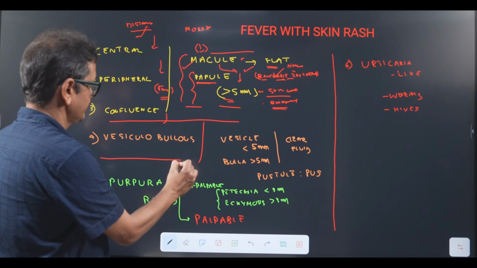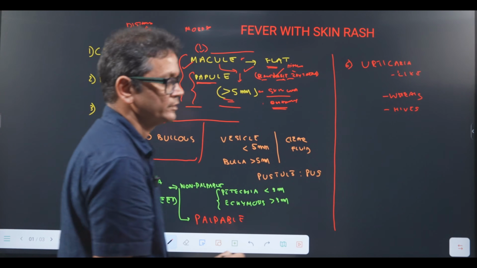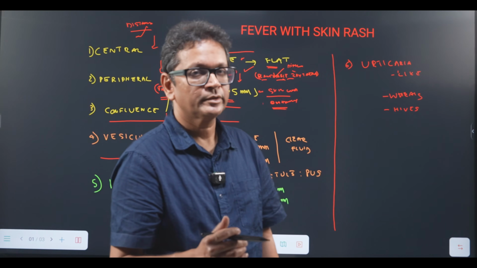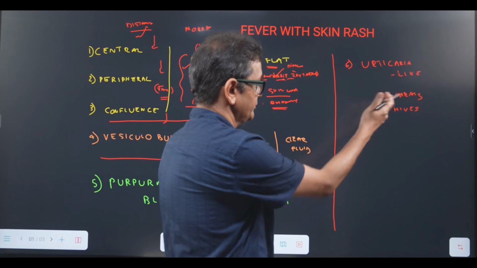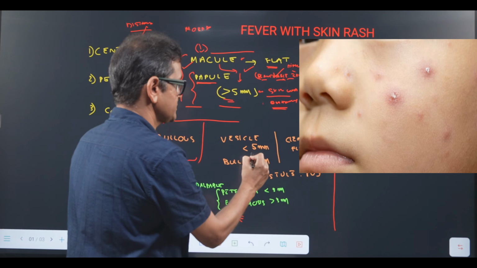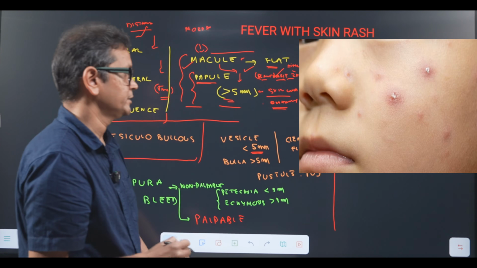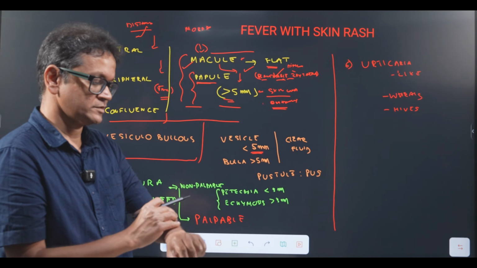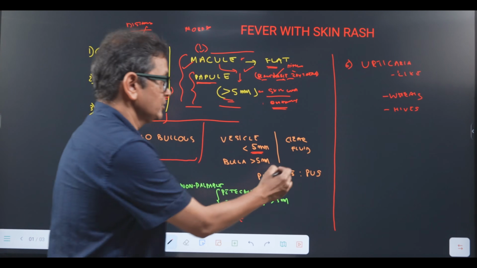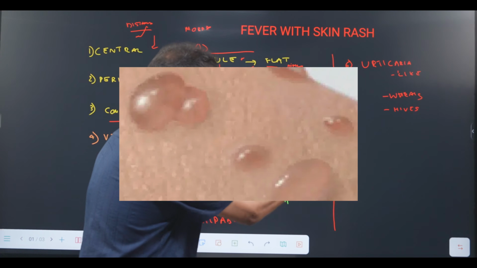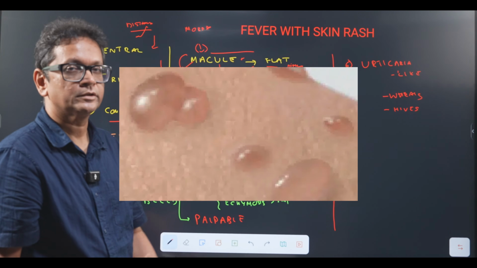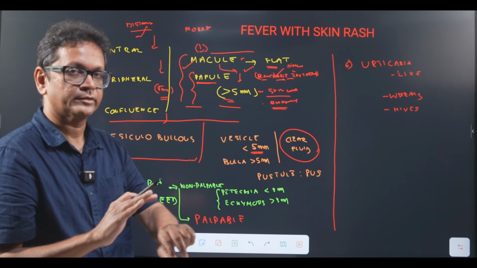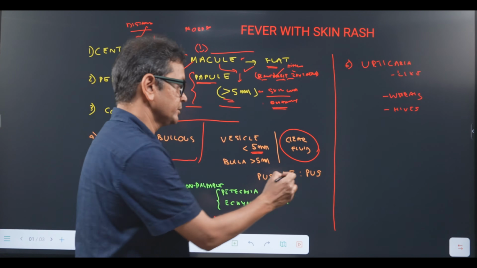So, this completes the description of our skin lesions. Second variety are vesiculobullous lesions. What are vesicles and bullae? Both are nothing but the same, that you can see in this diagram. If it is less than half centimeter, means less than 5 mm, it is described as a vesicle, small ones. On the other hand, these vesicles become larger and larger, but remember, they should have clear fluid, means they should be either completely transparent or semi-transparent, but not opaque.